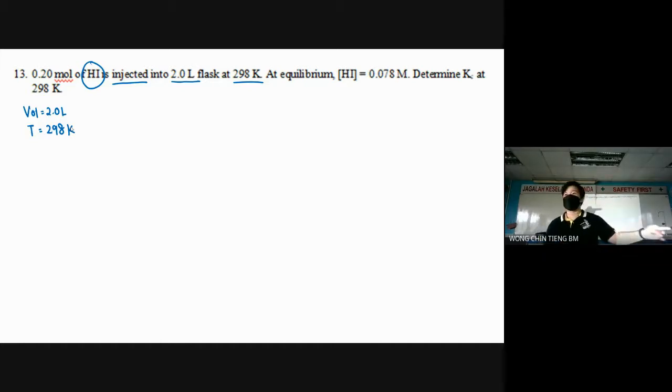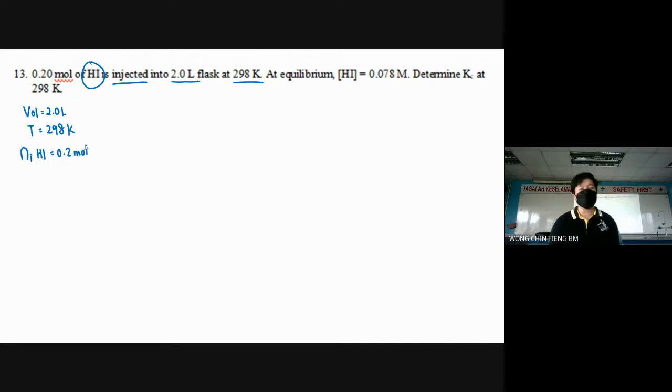Setuju? Sebab dia tak cerita pasal equilibrium lagi. And the word injected samalah dengan I started with, I placed in. Betul? Perkataan yang sama. So, the number of mole given is the number of mole initial of the HI at 0.2 mole. Setuju?